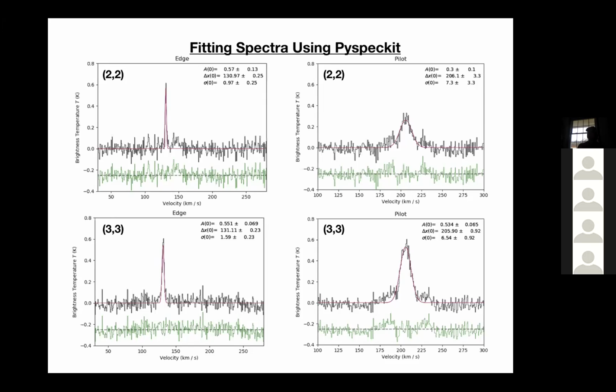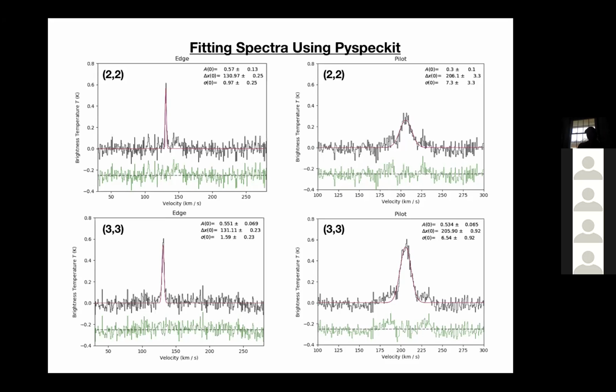And so what we wanted to do was just to use the higher J transitions where the hyperfine structure isn't nearly as strong as what you would expect with the 1-1 transition. So that's why I'm just showing the 2-2 and the 3-3 here. You can still somewhat see the hyperfine structures in some of these profiles, but they aren't nearly as strong as what we observed in the 1-1 transition.